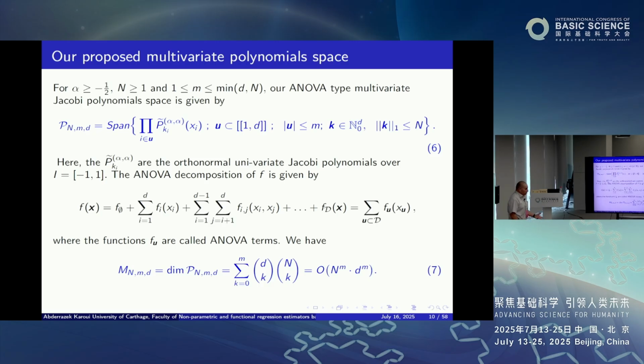So for small m, it's okay as a dimension. What we're going to do is dimension reduction of the problem by choosing an appropriate polynomial space on which we project our regression function. Is it okay? Do you have questions?